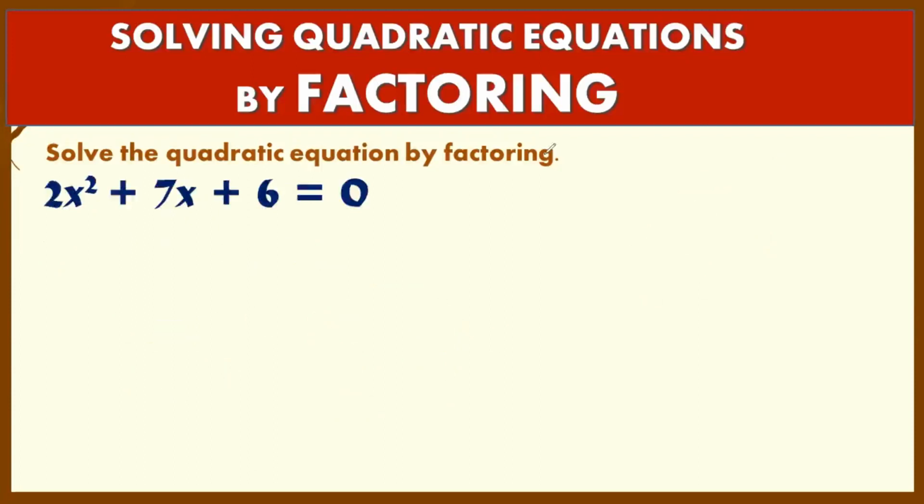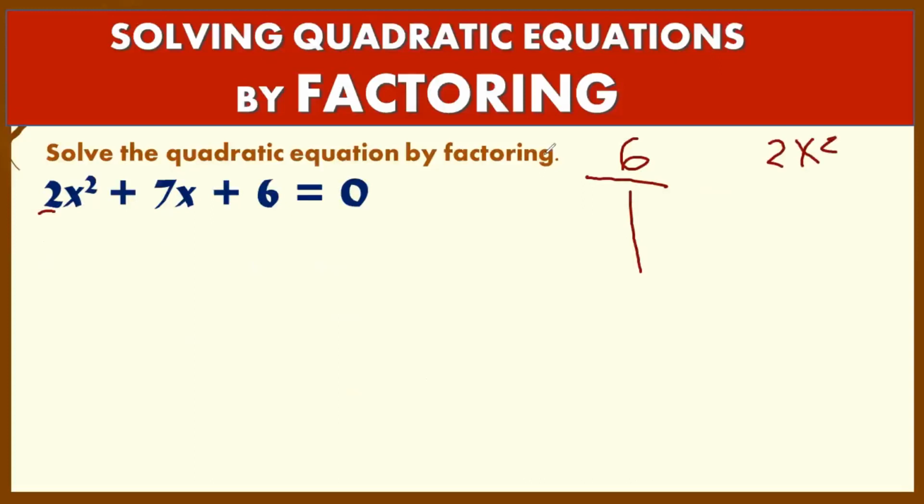For our third example, we have 2x squared plus 7x plus 6. The same thing, we're going to find the factors of 6. But here, this time, we are going to look at the a value which is greater than 1. So we will take a look at each factor also. So 2x squared.